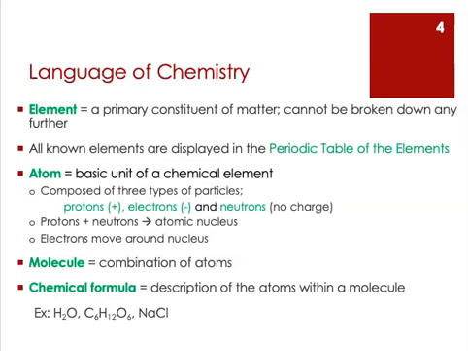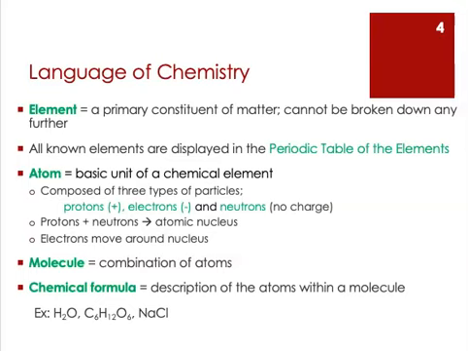When you get down onto the atomic level, the structure is similar. There are three types of particles inside of an atom. There are protons. They have a positive charge. There are electrons. They have a negative charge. And there are particles called neutrons that are neutral. They don't have any charge.